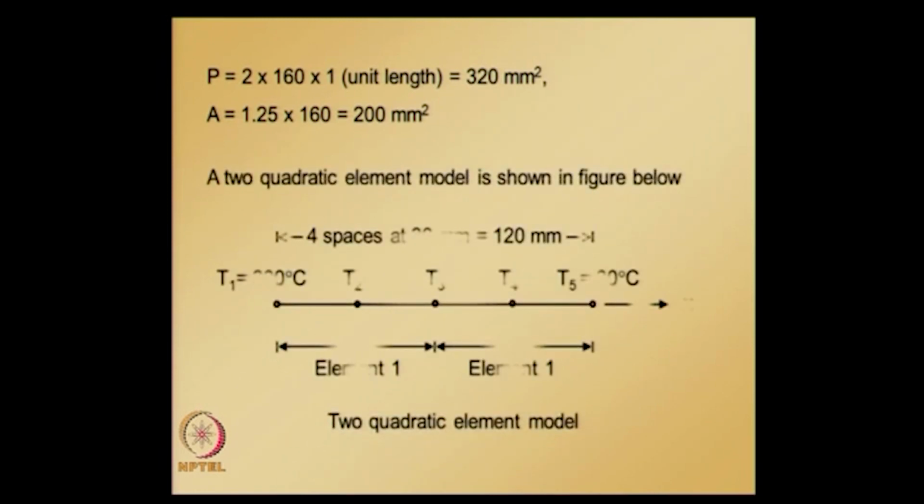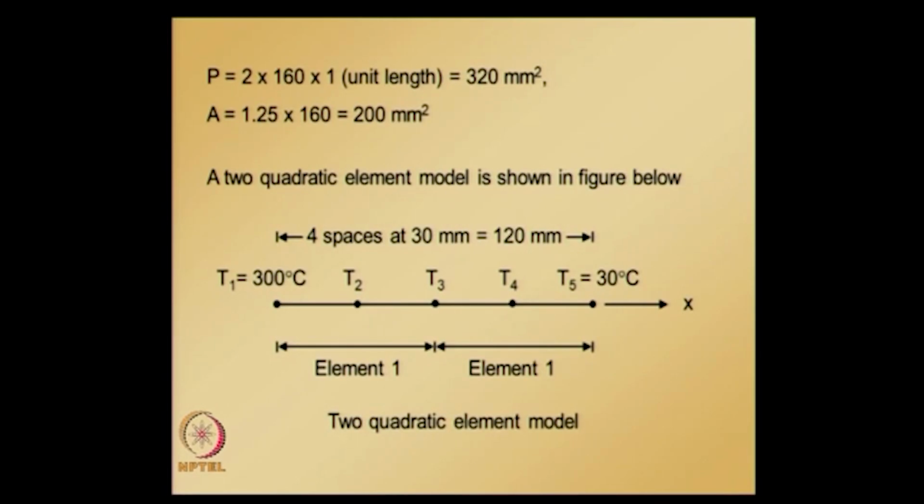The entire domain of this rectangular fin is divided using 2 quadratic elements, with 5 equally spaced nodes, and the temperatures corresponding to each of these 5 nodes are shown: T1, T2, T3, T4, T5. T1 is given from the problem, it is given as 330 degrees centigrade.